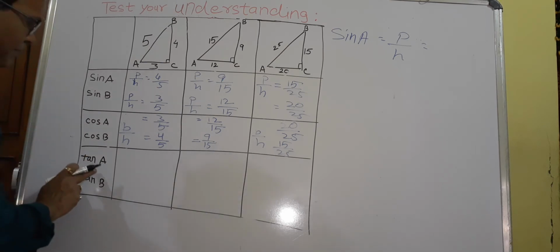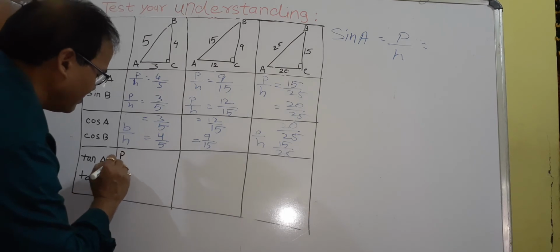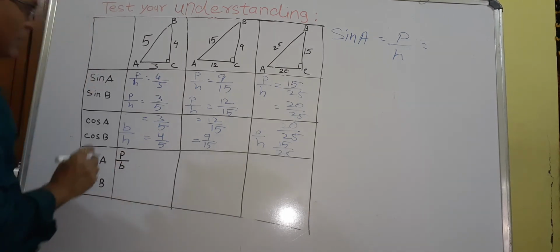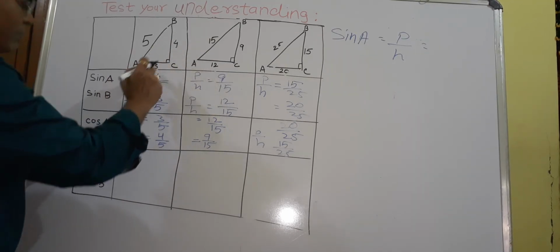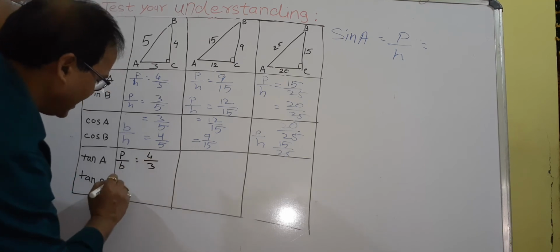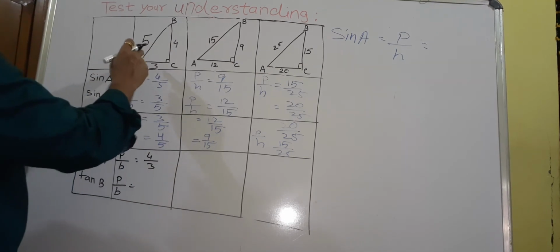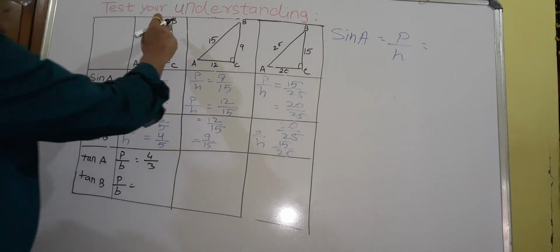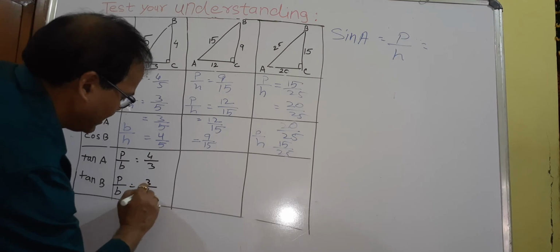Now tan A is equal to P by B. So for A, which one is P? Perpendicular is 4, so 4 by 3. We will get 4 by 3. And here also P by B. So for angle B, perpendicular is 3, so 3 by 4.